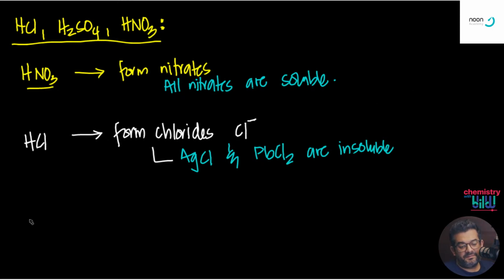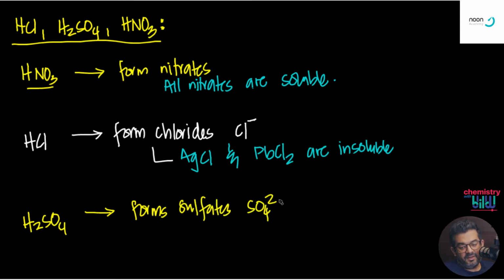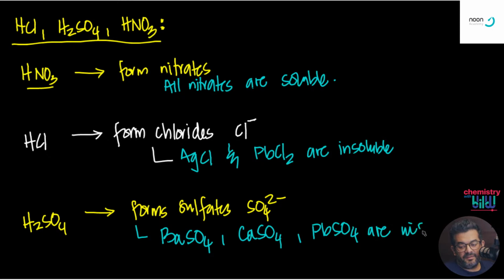And the third one, sulfuric acid, forms sulfates, meaning the sulfate anion. In that, 3 are insoluble. Which ones? Barium sulfate from group 2, calcium sulfate from group 2, and lead sulfate. All 3 are insoluble, meaning everything else is soluble. This is what you have to remember.